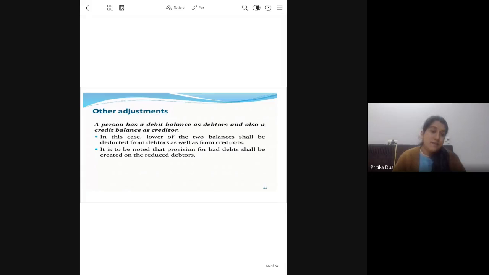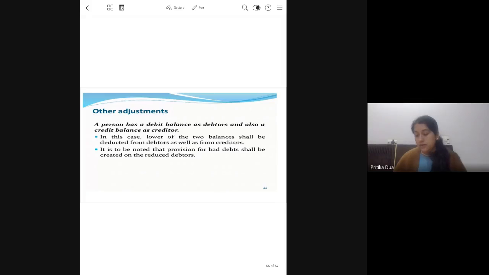A person has a debit balance as a debtor and also a credit balance as creditor. Now, this means that there is some common debt, which means कि आप से मिस्टर ए है, मिस्टर ए.